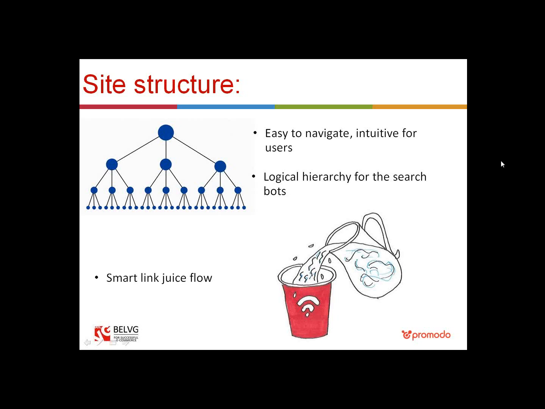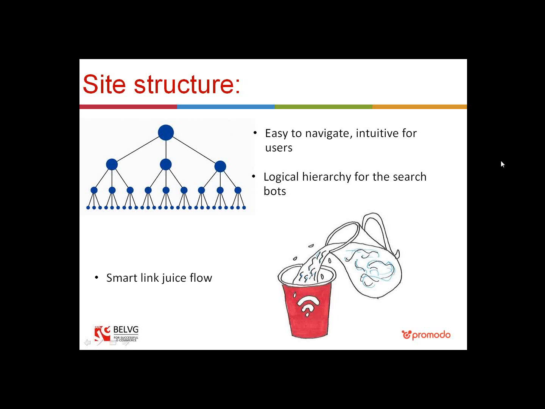It also provides a logical hierarchy for the search engine bots, because the search bot automatically deems that the homepage is the most important one. Category pages are a little less important than the homepage, but more important than the product pages, and product pages are deemed the least important because they are the farthest from the homepage.